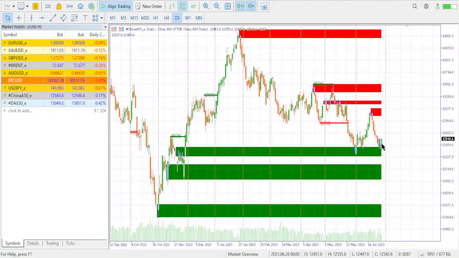If the price should violate this zone to the lower side, the next one is this one. If this zone is broken to the lower side, the next one is this one here. So in case you buy within this zone, expect that the bars will push us upwards. There is a very good zone here, a very good level there.